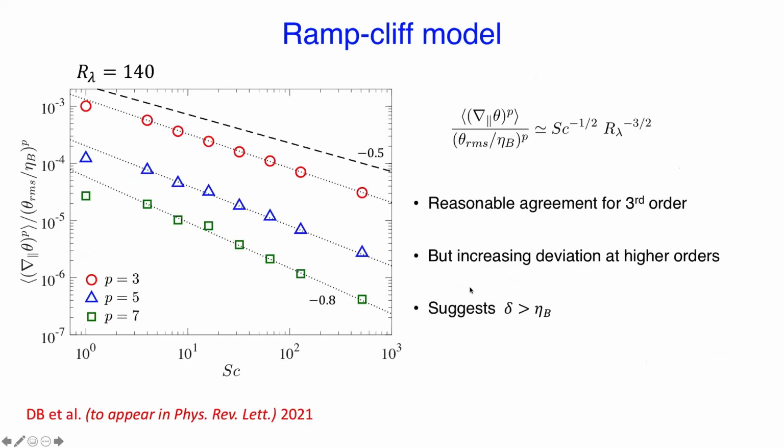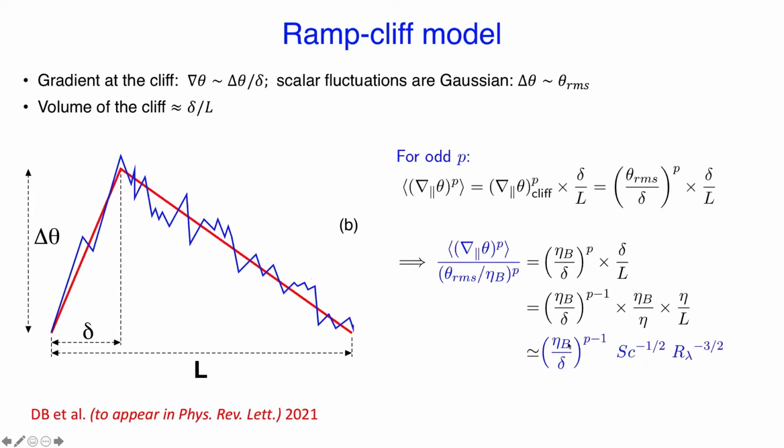So the first assumption essentially is, sorry, I didn't write it here, but if we just take delta to be eta b, saying that this jump happens over the assumed smallest scale in the scalar field, the Batchelor length scale, this term goes away, and these normalized moments basically go as Schmidt number to the power minus half.